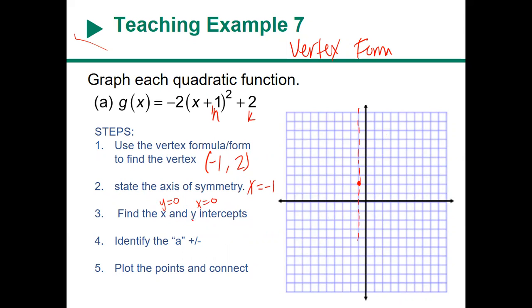Okay. So when I make this to find my X-intercepts, if I make this equal to 0, so we have 0 equals -2 times (X plus 1) squared plus 2. I'm going to subtract 2, and that leaves me with -2 (X plus 1) squared. I divide by -2, and that leaves me with 1 equals (X plus 1) squared.